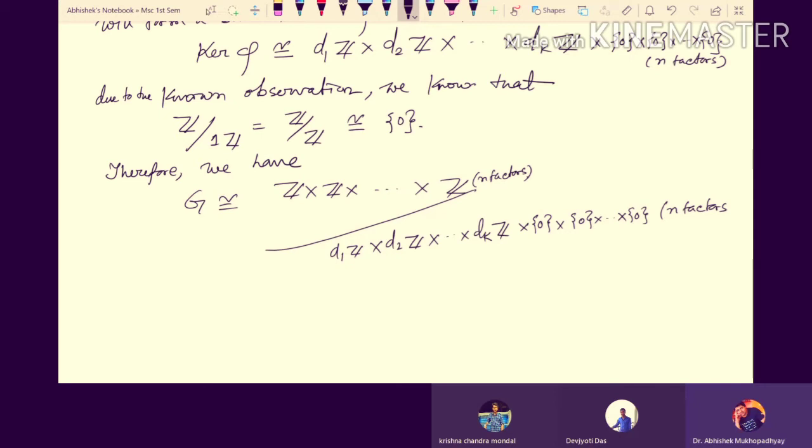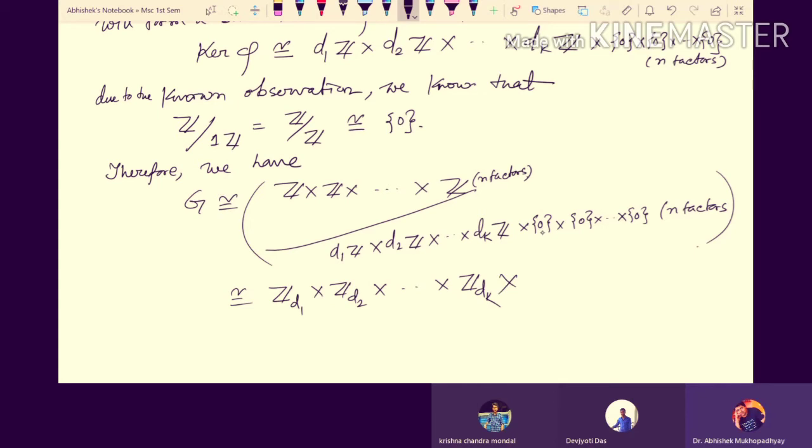So we have already proved that this group is isomorphic to Z/d1Z cross Z/d2Z cross ... cross Z/dkZ.